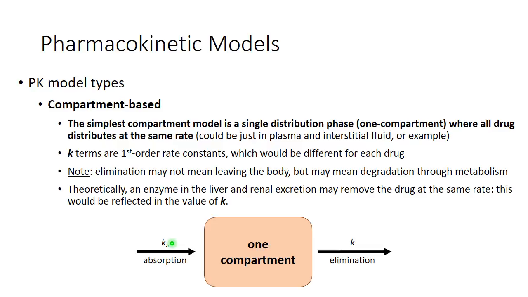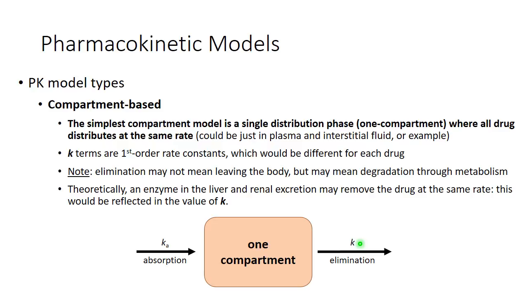So if I say Ka per hour, that actually means the fraction of whatever drug is available. In this case, if we're talking about oral absorption, whatever drug is dissolved and available in the GI tract, that drug times the Ka, which is the fraction of drug absorbed per unit time. And if I say per hour, that means the fraction per hour.